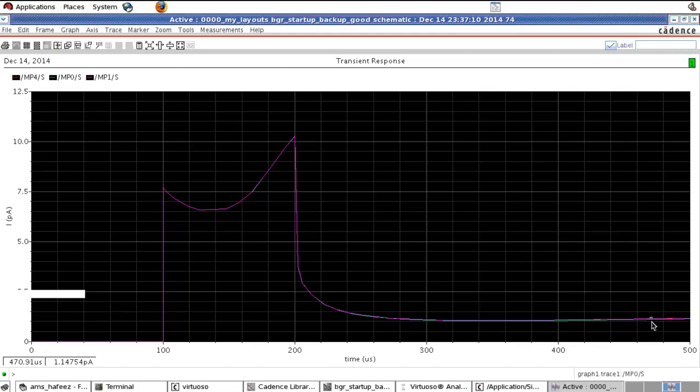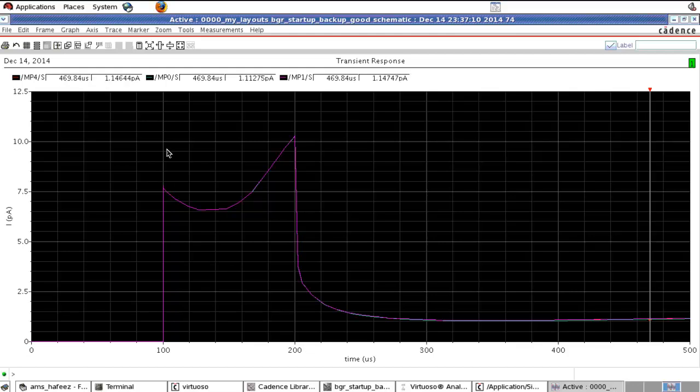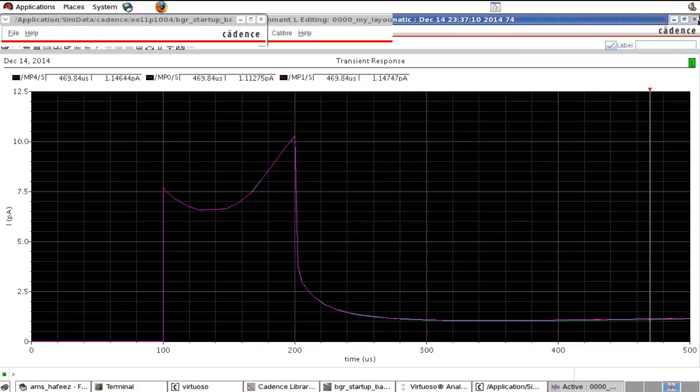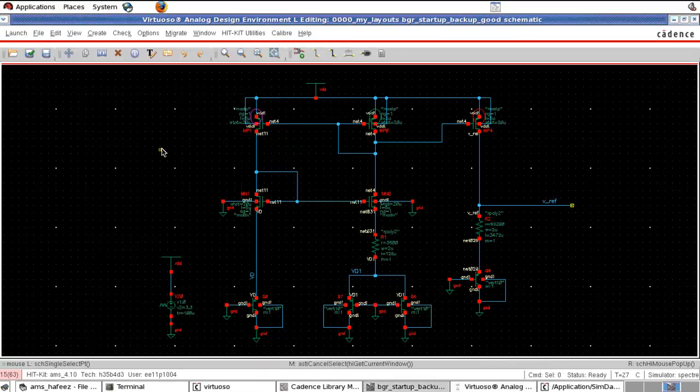It is not even coming to nanoampere, whereas we really designed it for 1 or 2 microamperes, but now it is coming only in the picoampere range. You can see the current is 1.14 picoampere only. So in the transient analysis we showed that the circuit will not function properly without a startup circuit. So now we have to design a startup circuit for this circuit.